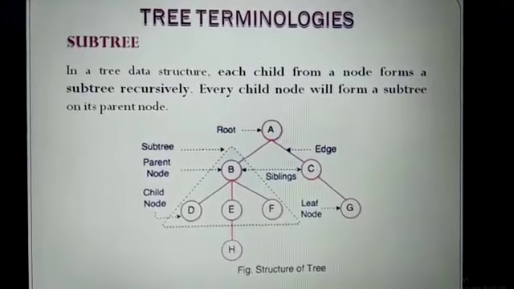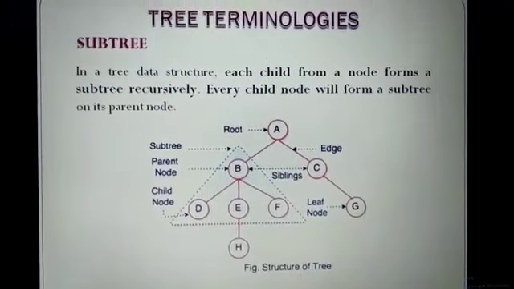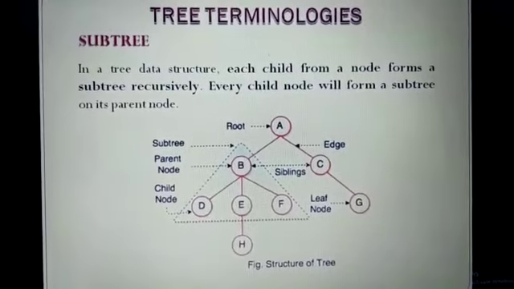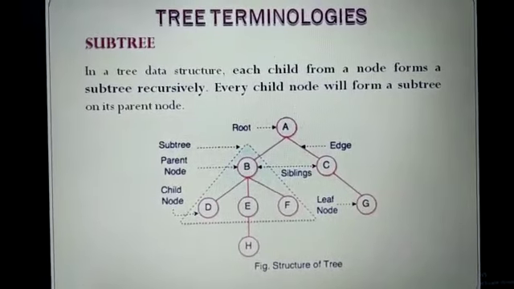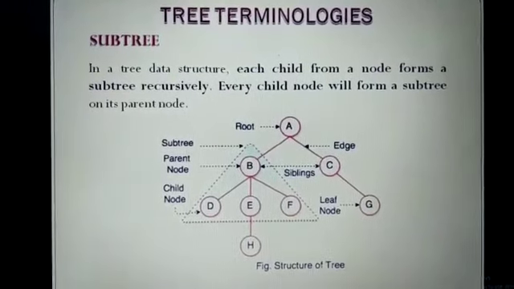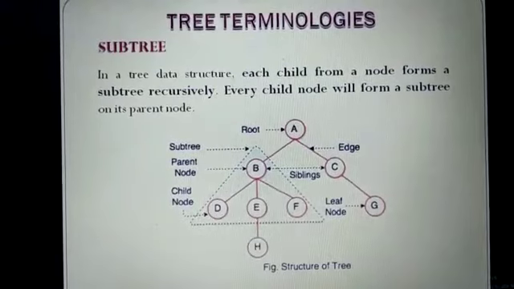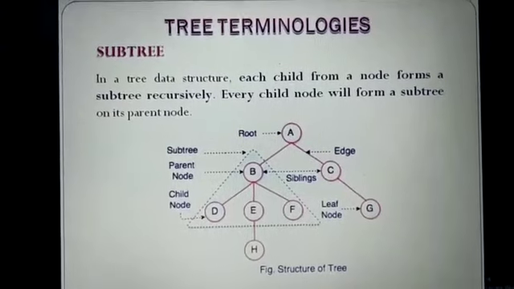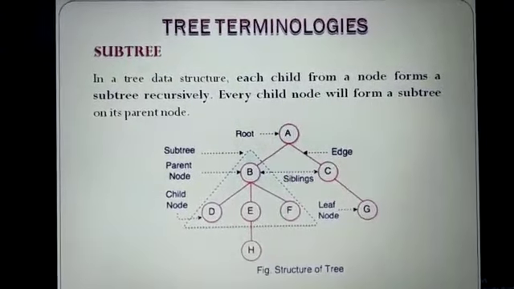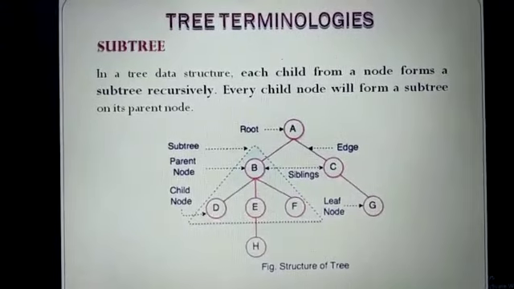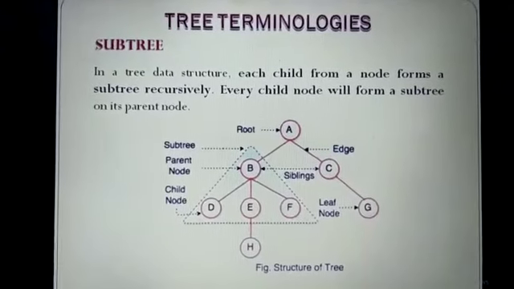The next terminology is subtree. In a tree data structure, each child from a node forms a subtree recursively. Like a family tree, from grandparent to parent, parent to children, children to grandchildren, our tree data structure also forms subtrees recursively.